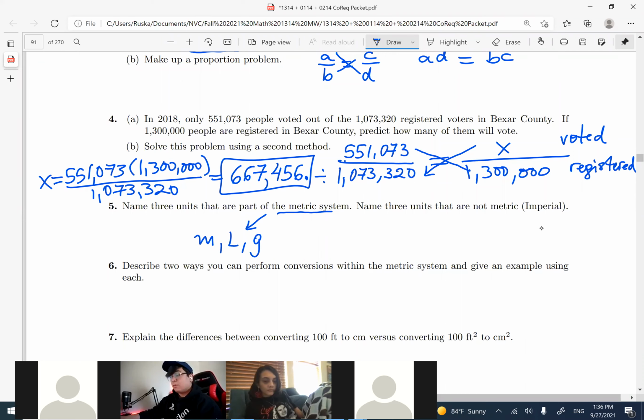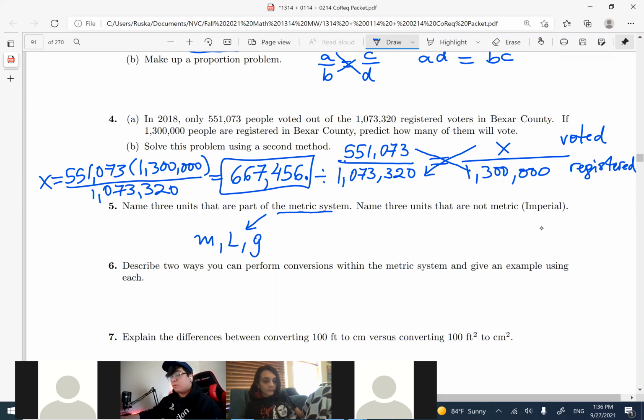Okay, so describe 2 ways you can perform conversions with the metric system and give an example using each. So if you convert different units within the metric system, how do you do that? You technically move the decimal, right? So give me an example.